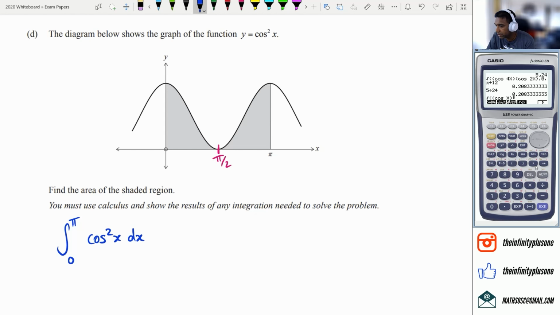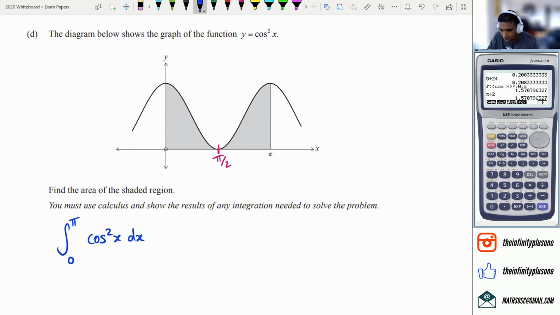So cos squared x, between 0 and pi, which is giving me 1.57. All right, this looks like it could be pi over 2. Let me just double check that. Right, so my final answer has got to be pi over 2. But I need to do all this integration part to show how it works out.